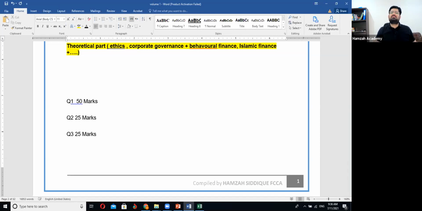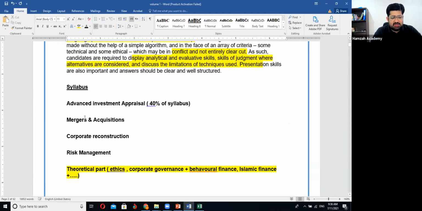Just like in the P7 paper, which I teach, I tell you that in question 1 this topic will be tested, in question 2 this topic will be tested. Here there is no hard and fast rule. All the questions will be a mix of the syllabus, meaning in question 1 more than one area from anywhere is being tested. And you see the syllabus is quite clear-cut.